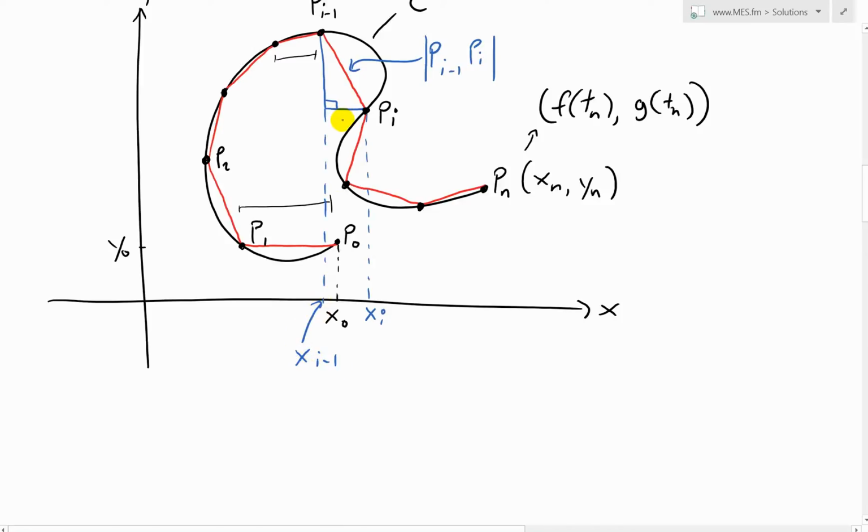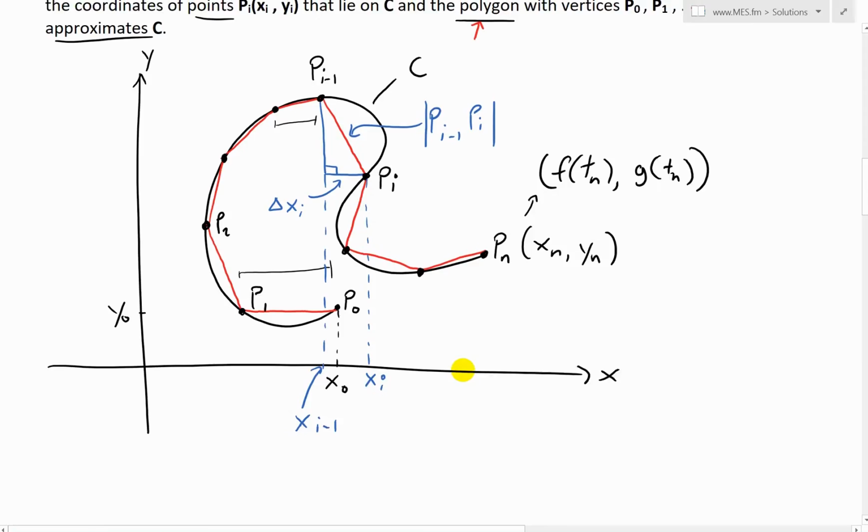So the difference across here we'll call delta x_i, and likewise this is y_i, and this one all the way across here is y_{i-1}. So the difference from top to bottom is delta y_i.